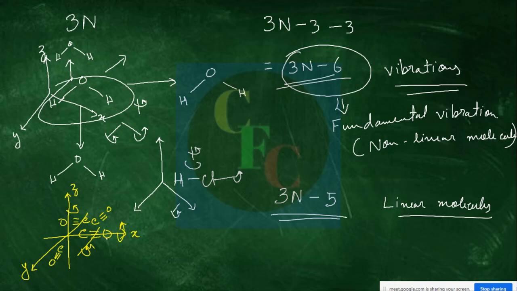So that rotation will not be considered a pure rotation, and that's why it will not be subtracted from 3n. So there will be one less rotation. Now the rotations are 2, that means in this case 3n minus 3 for translation and minus 2 for rotation. So for linear molecules it is 3n minus 5.